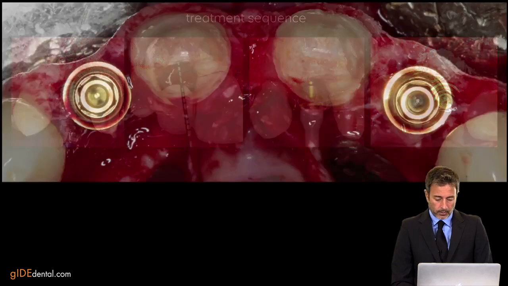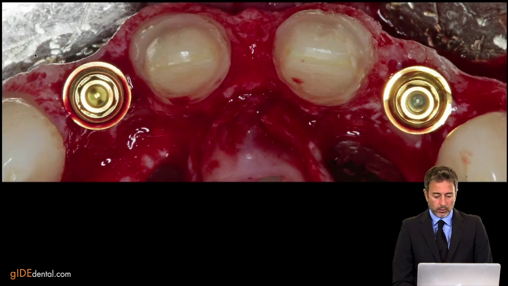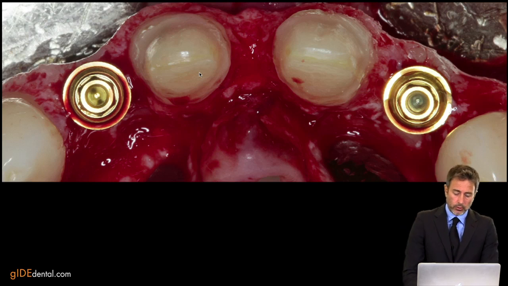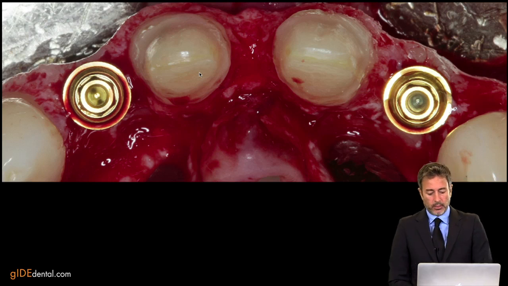This is the occlusal view before the augmentation procedure. You see the positioning of the two laterals and the two immediate intermediate abutments.